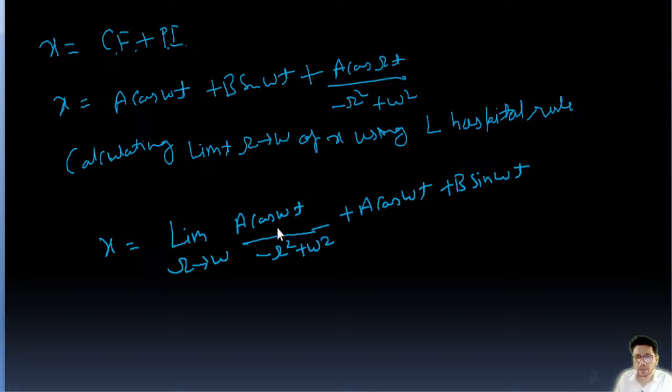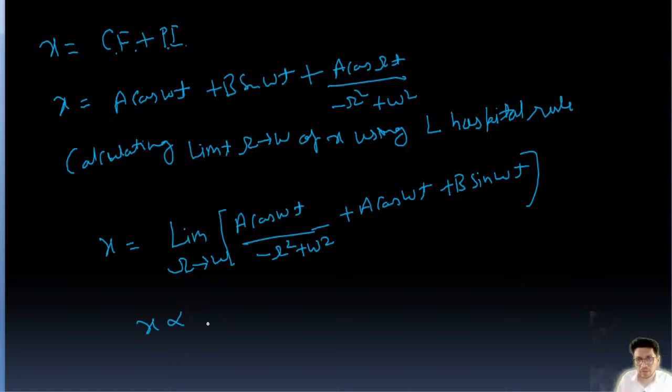So we'll use the L'Hospital rule here, and we'll find x is proportional to t. So x is proportional to t means the amplitude of oscillation at large time increases linearly with time.